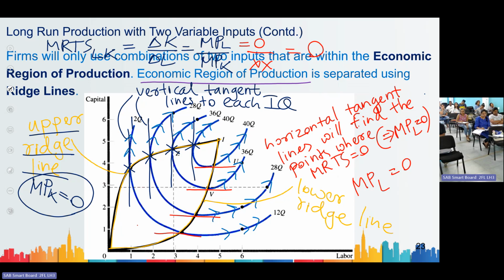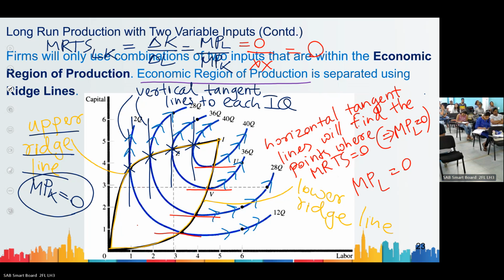We draw the upper ridge line by combining the points where marginal rate of technical substitution is infinite. We can find those points by drawing vertical tangent lines. At those points, marginal product of capital is 0.